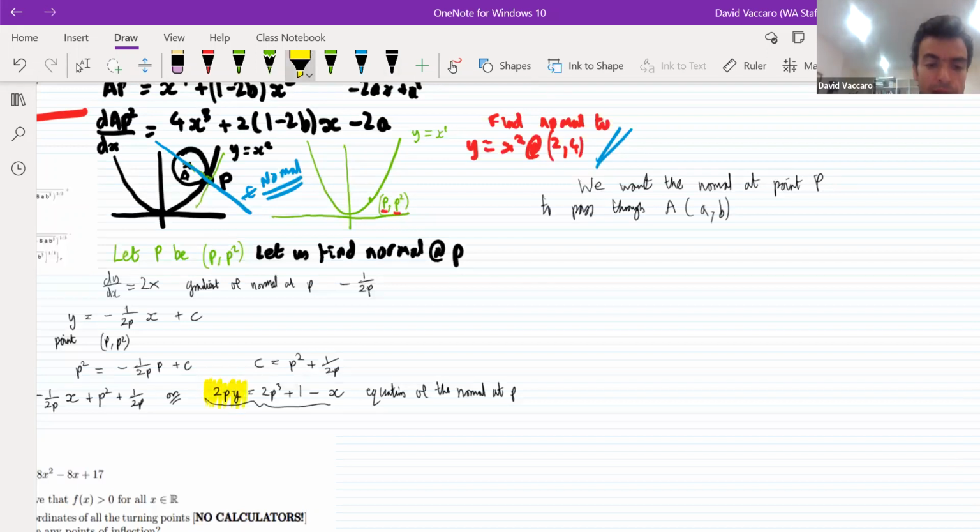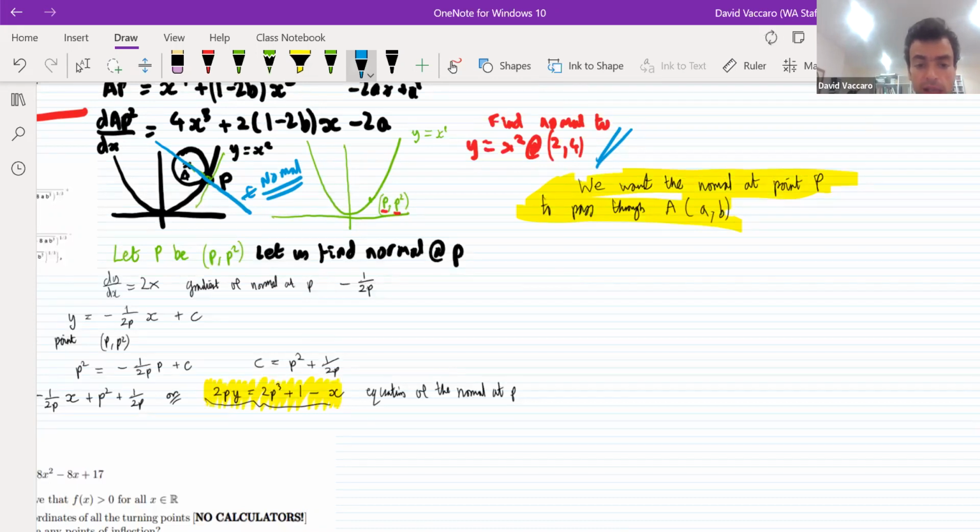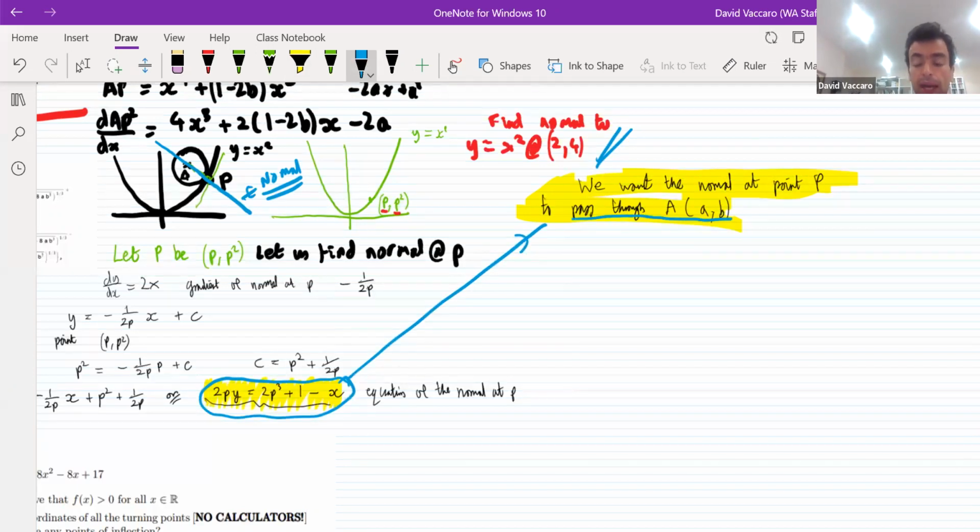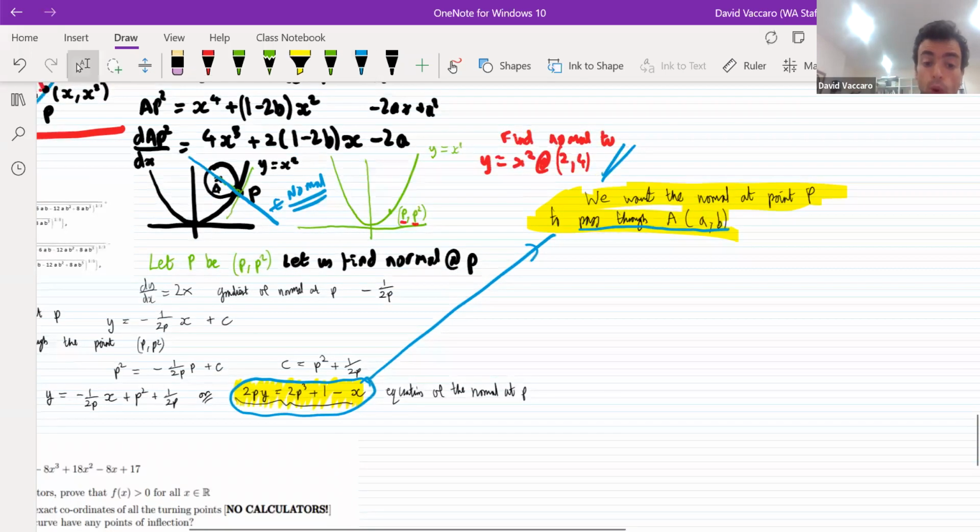So how do I use that condition on this equation? If you feel brave, put answers in the chat. What condition is satisfied if this line here passes through the point with x coordinate A and y coordinate B? Well, we just want the point AB to lie on the line.